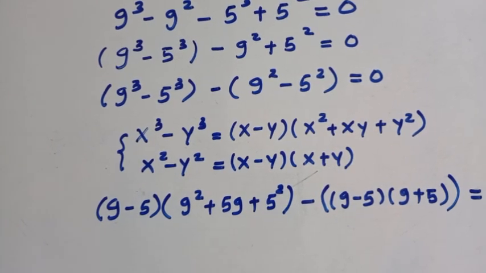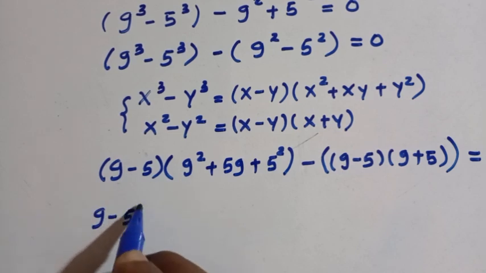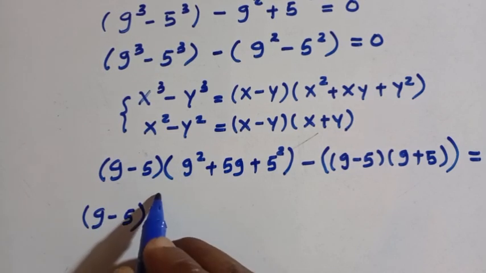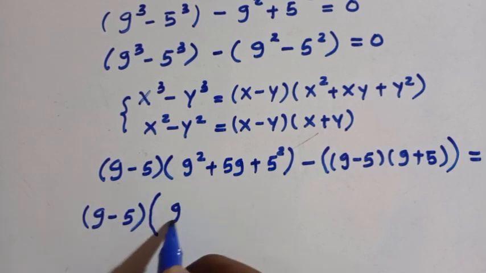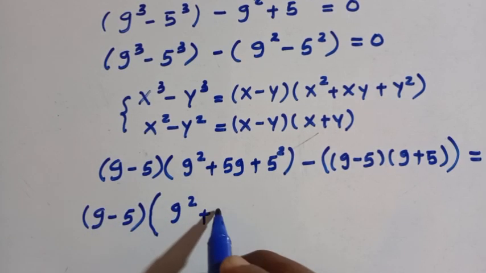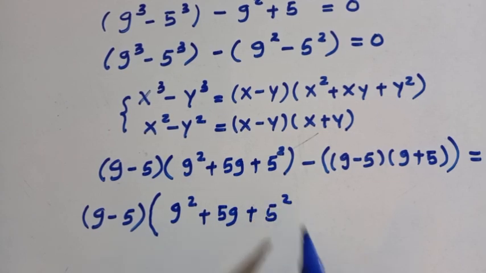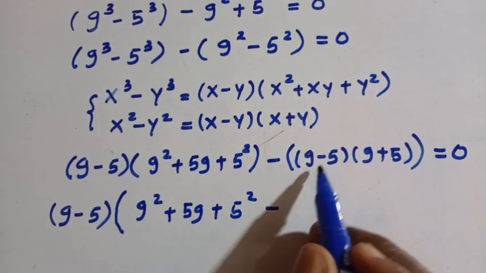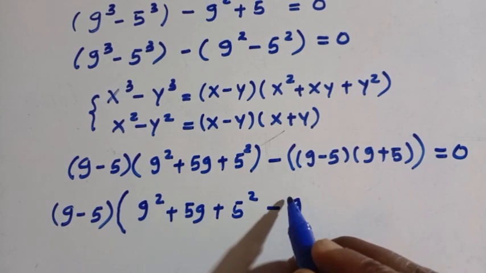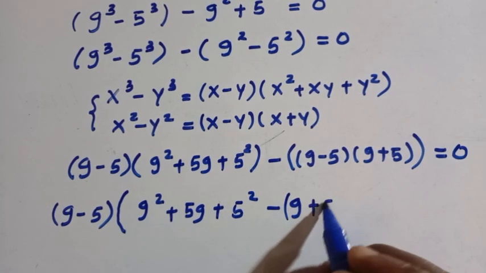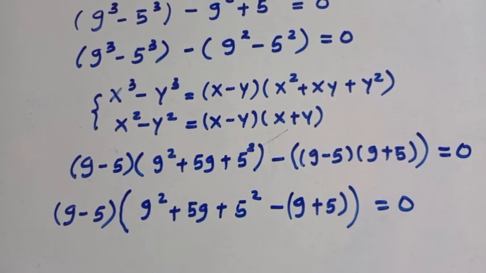By factoring out g minus 5, we are going to have g minus 5 in bracket, then open bracket. When we divide this one by g minus 5, we have this as g squared plus 5g plus 5 squared. And also this one, when we divide it by g minus 5, we have minus open bracket g plus 5, and this equals 0.